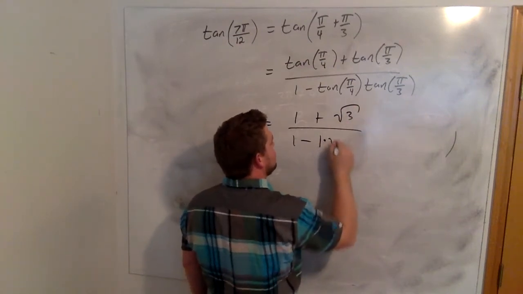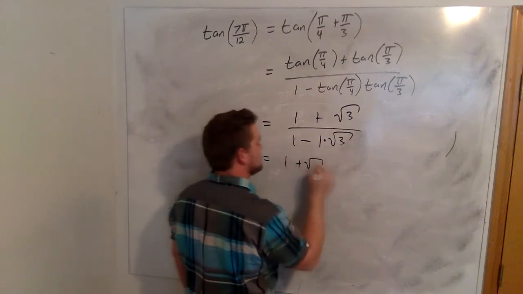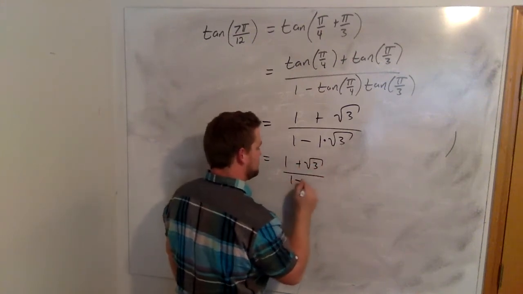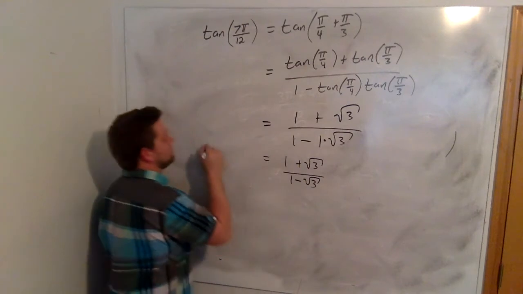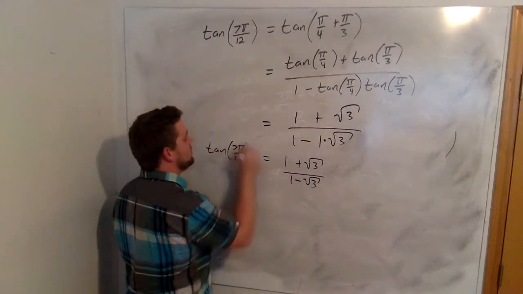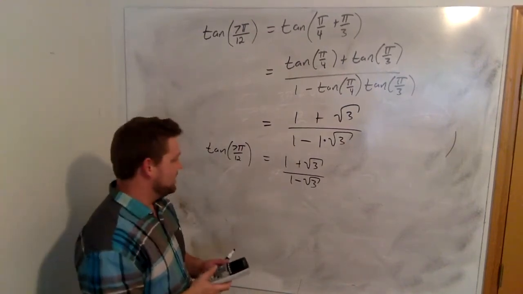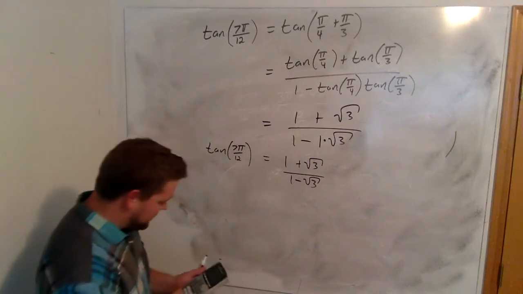Tangent of pi over 3 is root 3. So this is the same thing as 1 plus root 3 all over 1 minus root 3. And this is the answer. We have tangent of 7 pi over 12 is equal to 1 plus root 3 divided by 1 minus root 3.